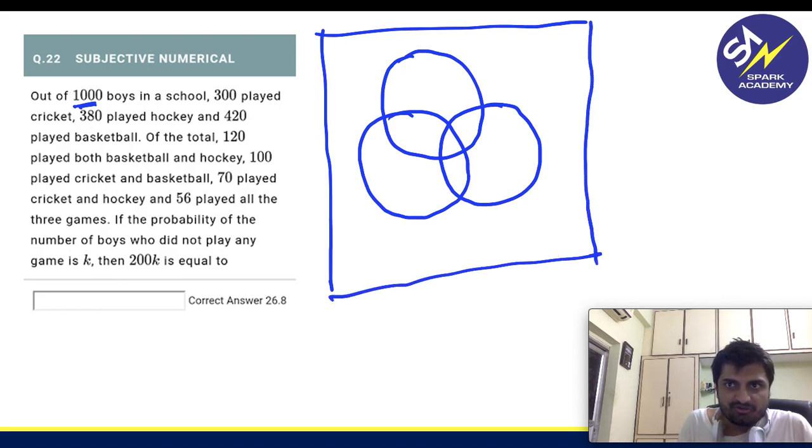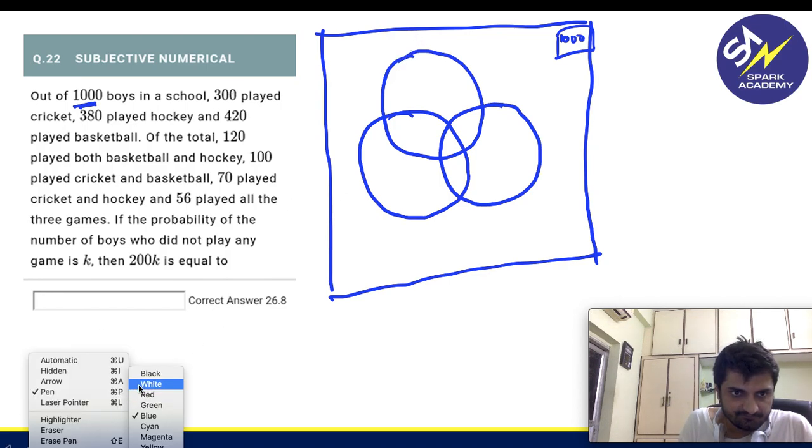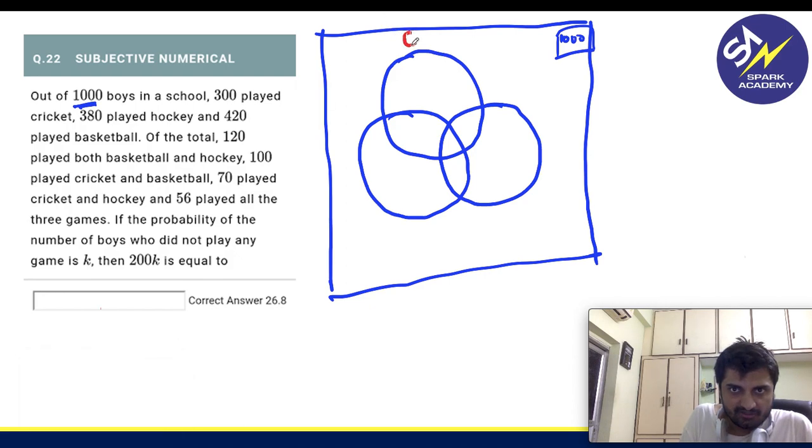So total 1000 boys in a school. So total is 1000. What will this be now? 300 played cricket. So this I will say is C, total cricket. Total, this is 300 basically.